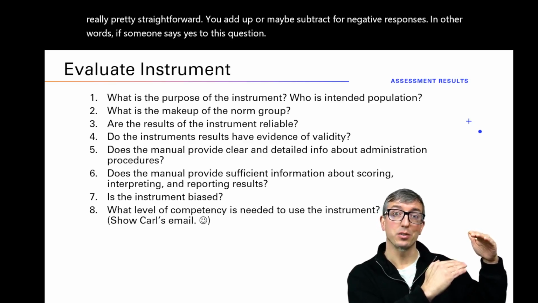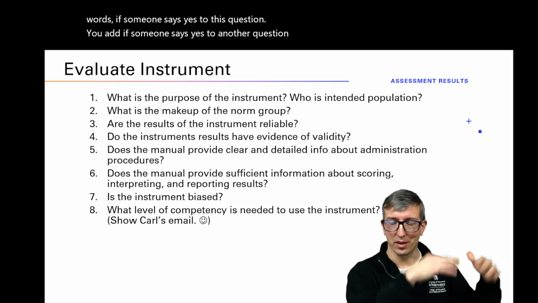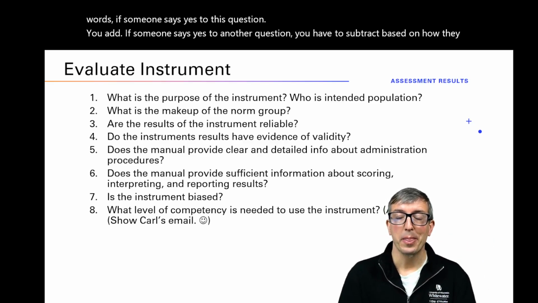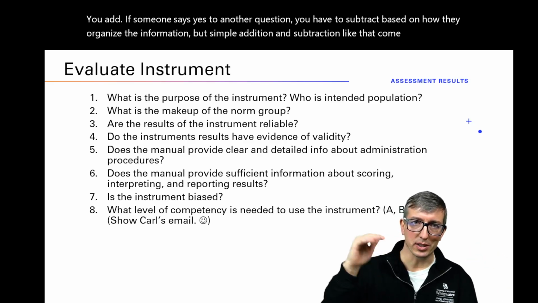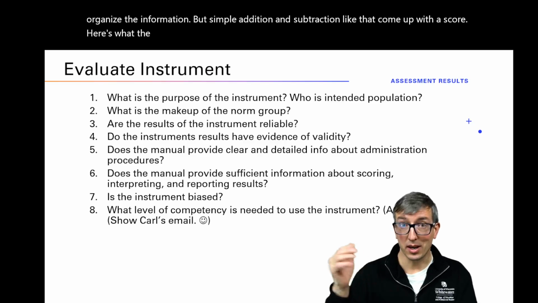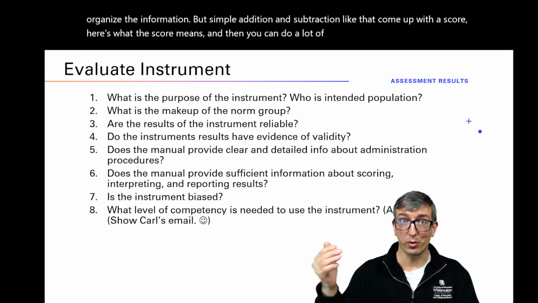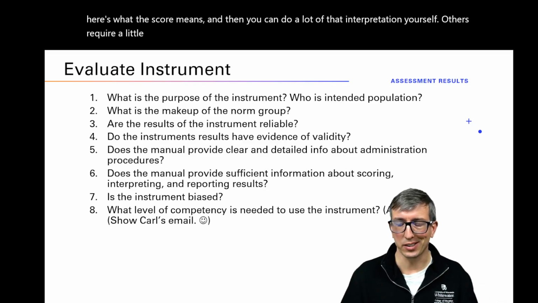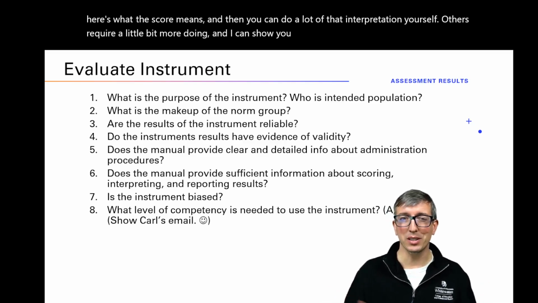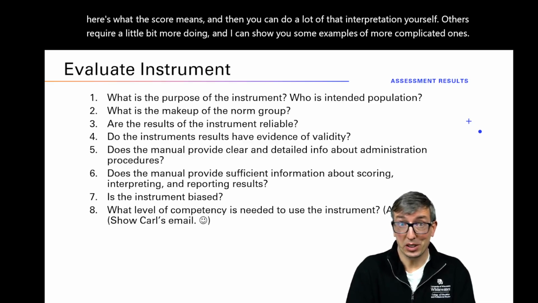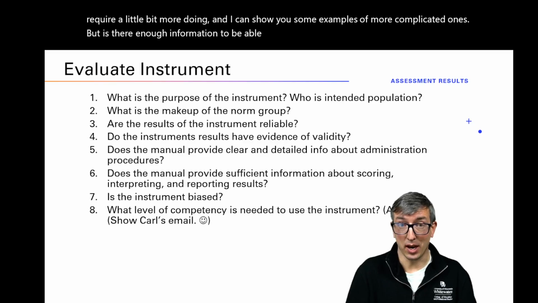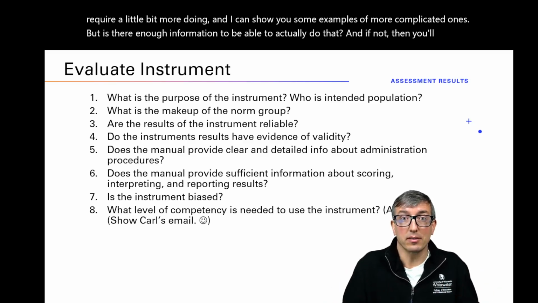If someone says yes to another question, you have to subtract based on how they organize the information. But with simple addition and subtraction like that, you come up with a score. Here's what the score means. And then you can do a lot of that interpretation yourself. Others require a little bit more doing, and I can show you some examples of more complicated ones. But is there enough information to be able to actually do that?